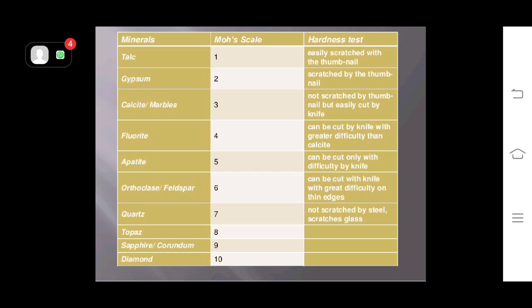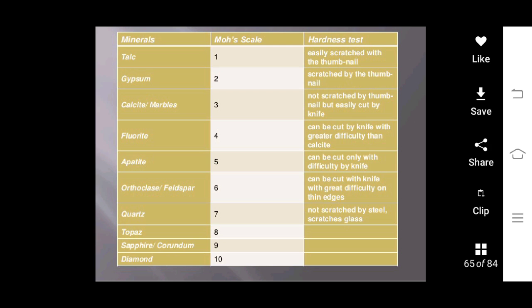For talc, the Mohs scale is 1, for gypsum it is 2, calcite 3, fluorite 4, apatite 5, orthoclase feldspar 6, quartz 7, topaz 8, sapphire or corundum 9, and diamond 10.